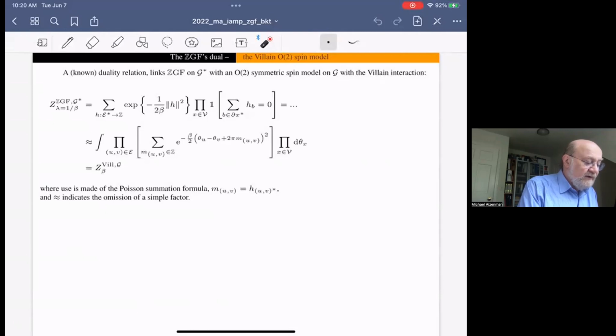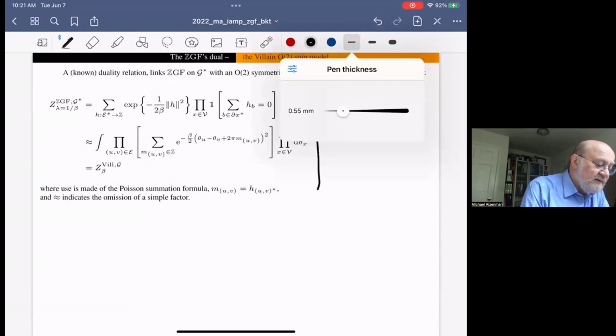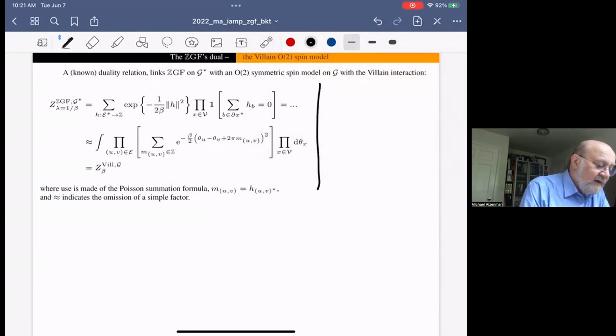Now, it's well known that this random field is related through a duality transformation to a 2-component O2 symmetric spin model, for which, in the case of the integer valued Gaussian field, the interaction is almost like XY, but not quite. It's the Villain interaction.